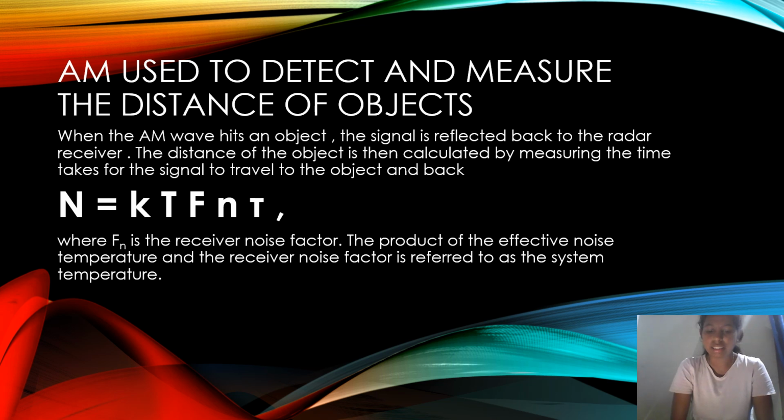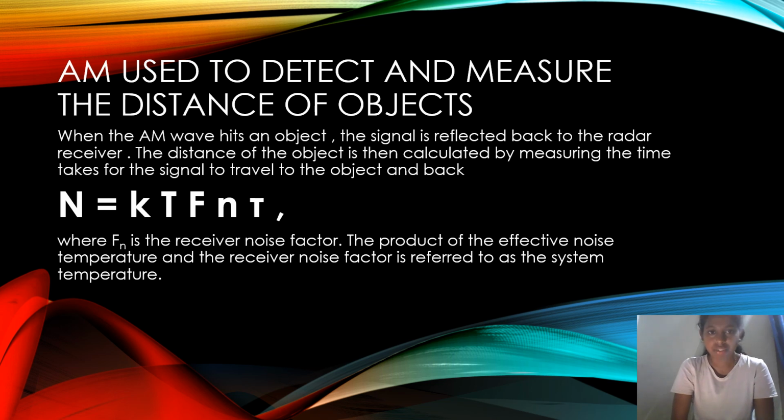When the radar system sends out an amplitude-modulated radio wave and it hits an object, that signal is reflected back to the radar receiver. The time taken to travel to the object and back is calculated.